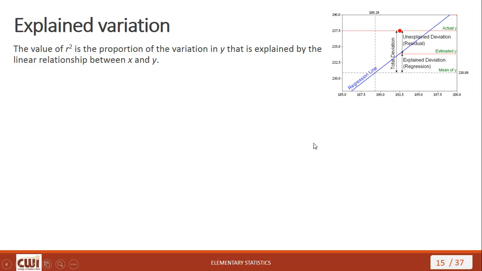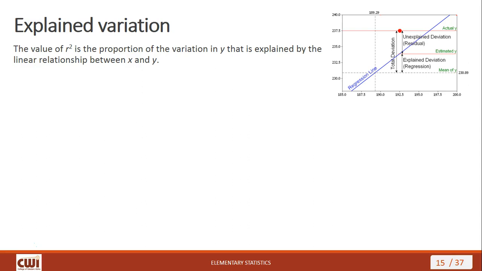So that's the explained part, and the unexplained portion is the distance from the regression line up to the data point that we're interested in. So there's an unexplained portion and an explained portion. The unexplained portion comes from statistical error, which we'll get into later, and then the explained portion comes from the linear relationship. That's why we call it explained and unexplained.